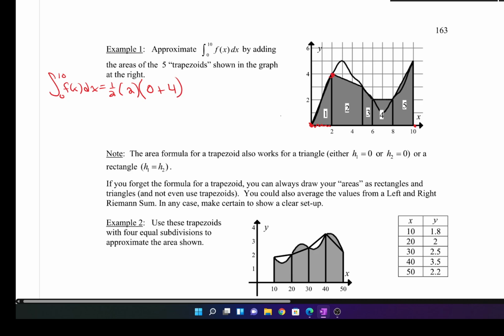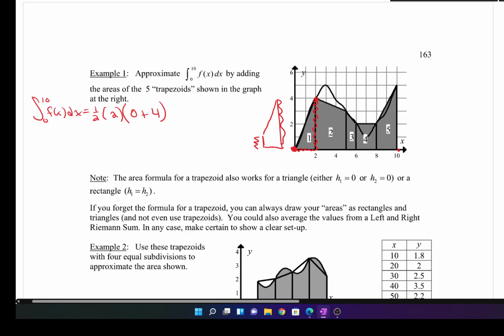Again, I wish that this side had a distance, but it doesn't, so I'm just calling it 0. And then I'm using this side right there. That was just for trapezoid number 1.